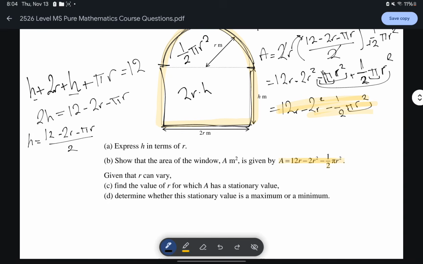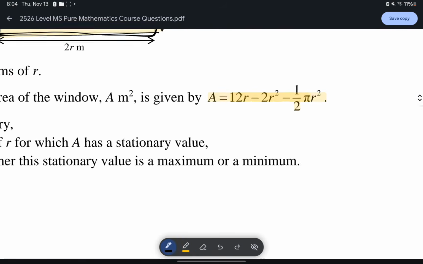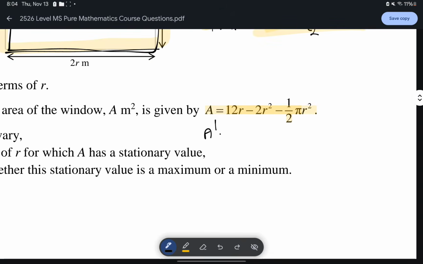Now, given that r can vary, find the value of r for which A has a stationary value. They want us to differentiate and equate to 0. So here our A prime is 12 minus 4r, and then minus pi r. You could equate this to 0. We're not going to shift solve because you need to get it as a value.